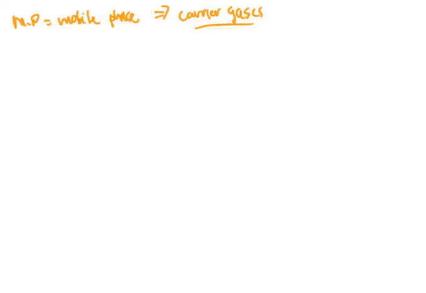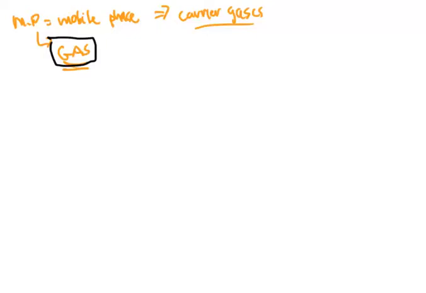All right? So the mobile phase is typically a gas. And for GC, I'm going to say every time that you will see it as a student or a competition member will be in the form of a gas.